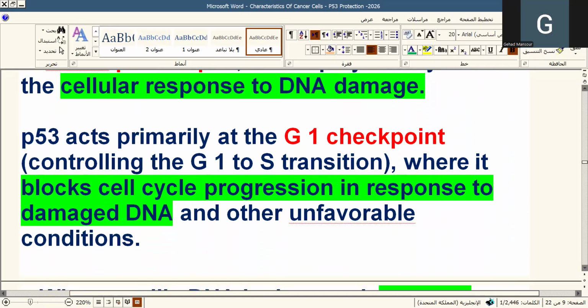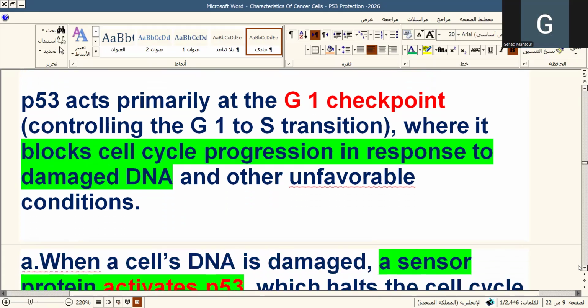Of course, the cellular response to DNA damage is to stop progression in the cell cycle, to stop DNA replication, to stop mitosis, because such a cell that has DNA damage is not allowed to continue interphase and mitosis, and therefore it's not allowed to have daughter cells, because if the parent cell has damage, this damage would be transferred to the daughter cells.